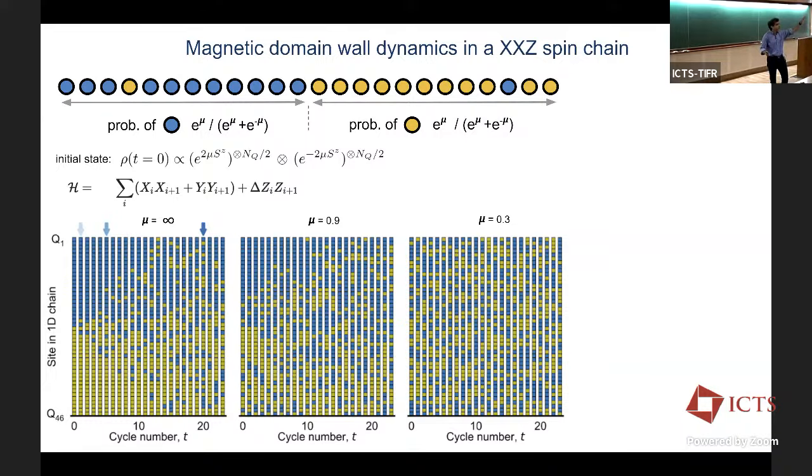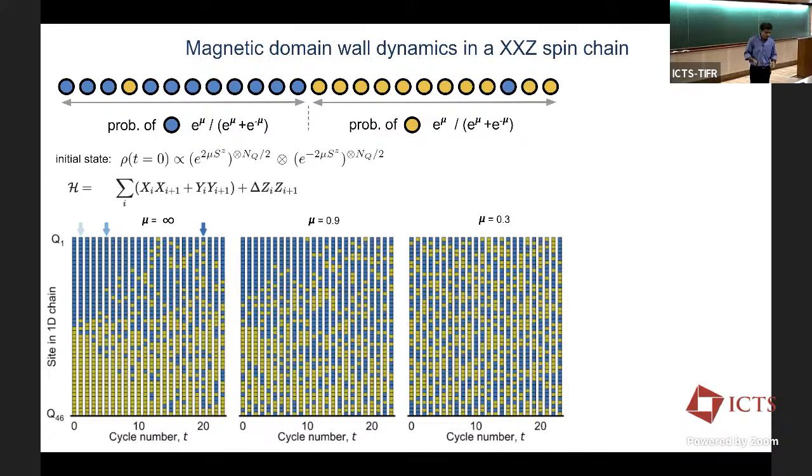Now everything on one side is blue initially, and everything on the other side is yellow. That's one instance of it. I'm showing you instances that we collected, but at every time step we could collect up to millions of instances in a matter of minutes. Then you go lower in mu, and you can lose the contrast initially, but again, you get data.